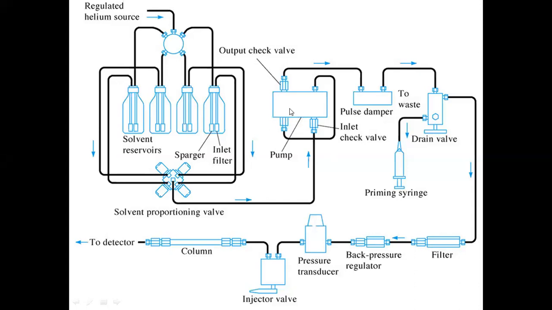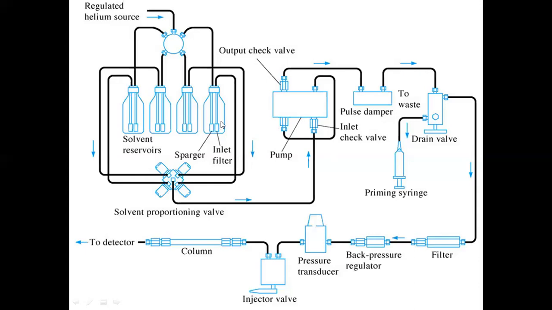And this is a solvent proportioning valve, because in the instrument we can program what is the volume of solvent A, what is the volume of solvent B, similarly C and D must be chosen. So suppose 30 ml of solvent A is chosen, 20 ml of solvent B, 40 ml of solvent C, and 10 ml of solvent D, like this: A, B, C, D, 30, 20, 40 and 10.